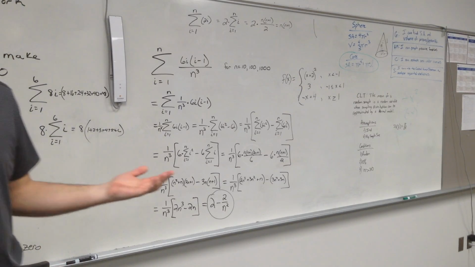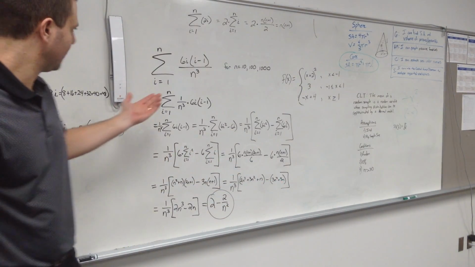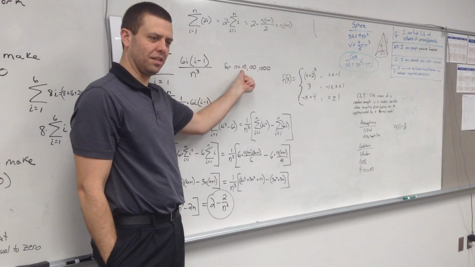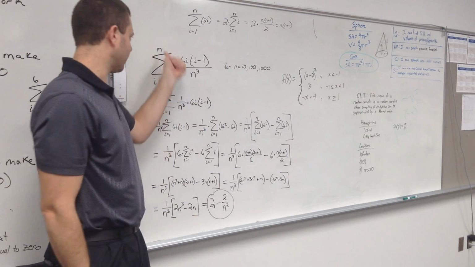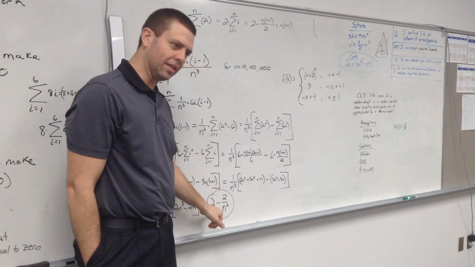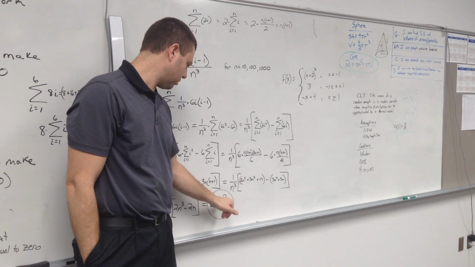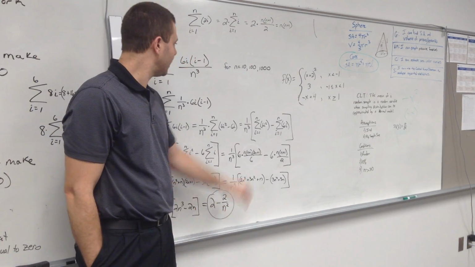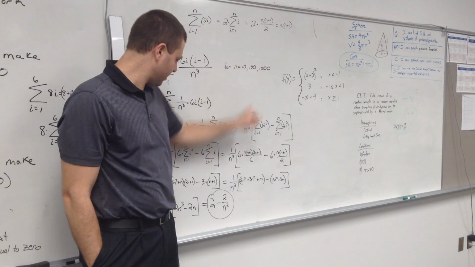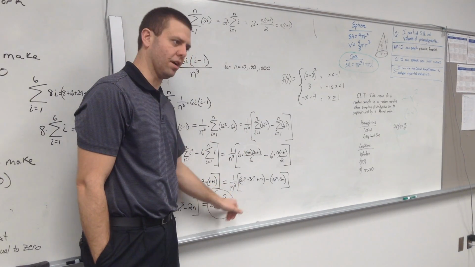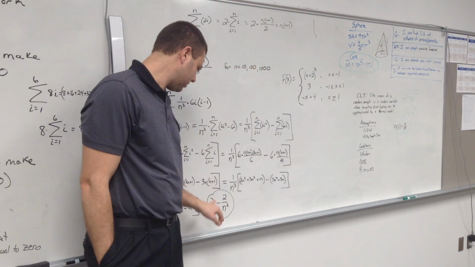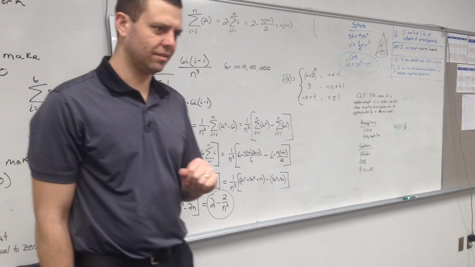Now all you got to do, if I said find the sum of the first 10 of these, my answer would be 2 minus 2 over 10 squared. If I said find the sum of the first 100, 2 minus 2 over 100 squared. The first 1,000, and so on.